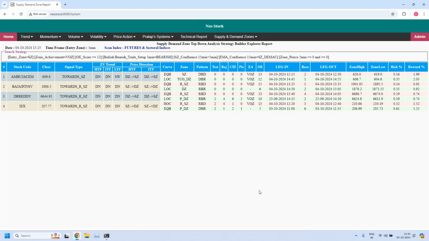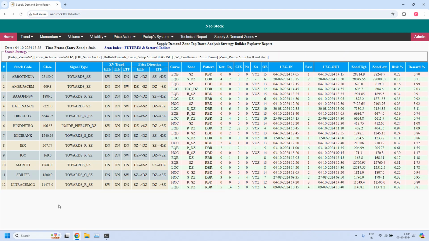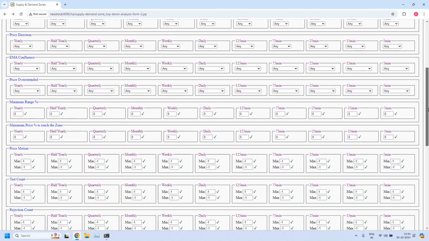Okay, now how many of the stocks are having LTF, ITF, HTF confluence? Not out of these 4. Earlier 12 stocks were filtered, right, without EMA confluence. Earlier how many did we get? We got 12. Out of these 12, how many are having LTF, ITF, HTF confluence?